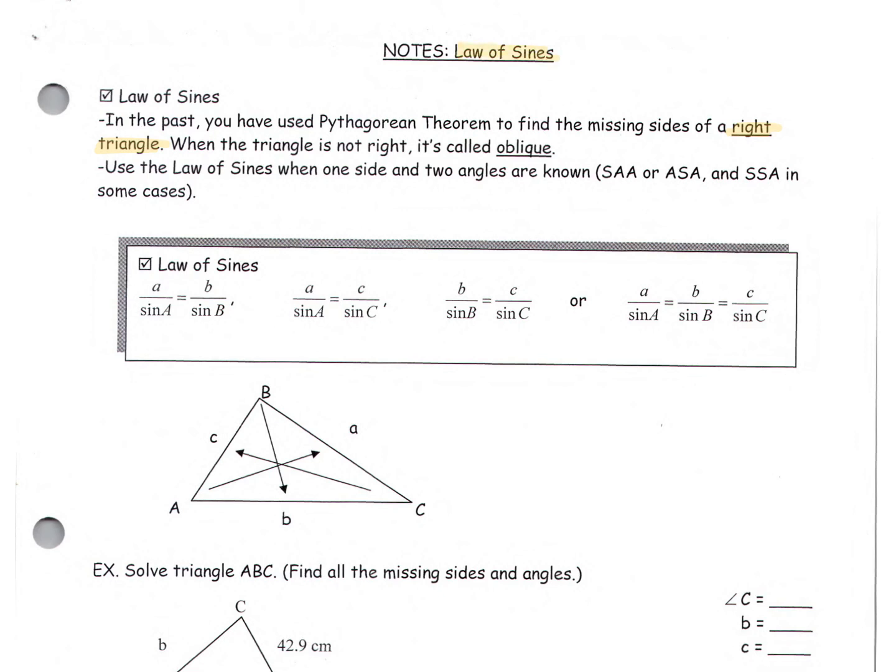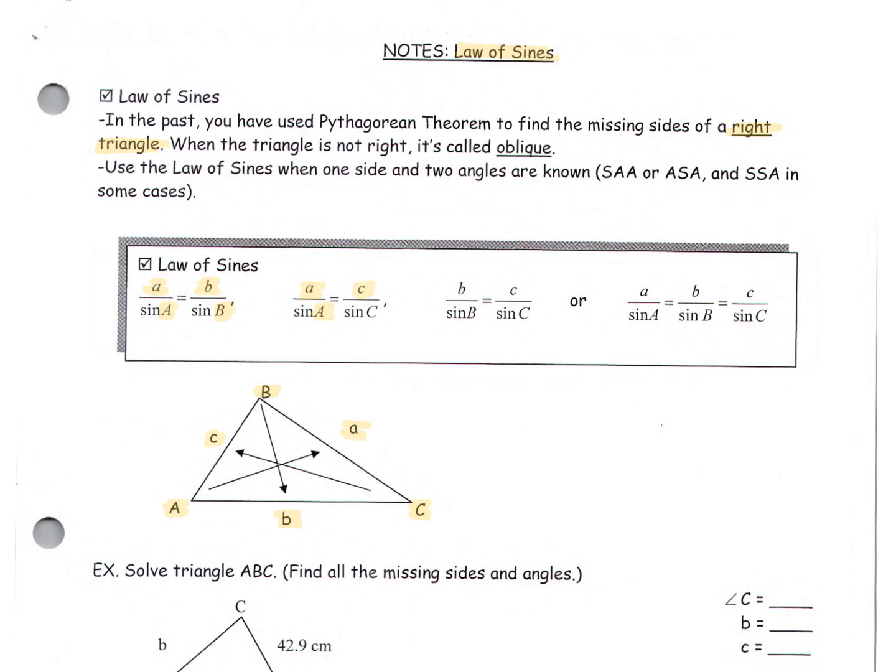You'll notice the law of sines has lowercase letters for the side lengths, and capital letters for the angle measures. And you'll notice that the lowercase side a is across from capital angle A, lowercase side c is across from capital angle C, and lowercase side b is across from uppercase angle B. The law of sines is the length of the side over the sine of that angle.